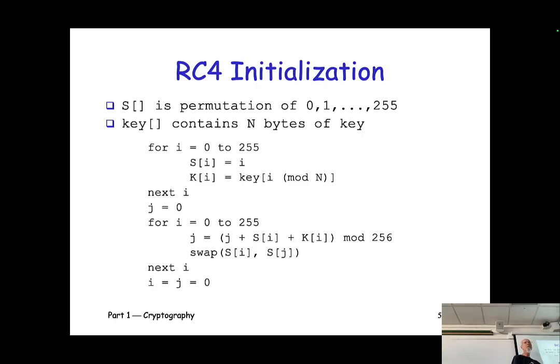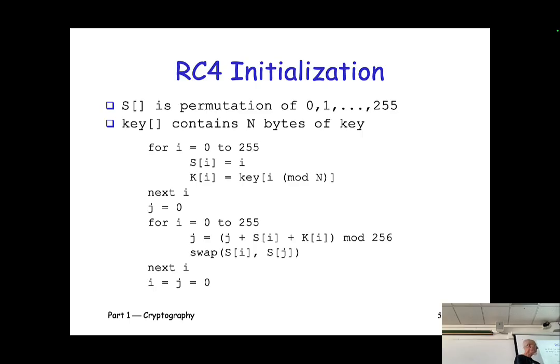All this is doing is creating an array k, which just repeats that key over and over until it fills up an array of length 256. Okay, that's all that's happening here. So it's just very basic initialization. Now I'm going to actually scramble this permutation S. And the way it gets scrambled is that you take this index i and it just steps regularly through 0 through 255.